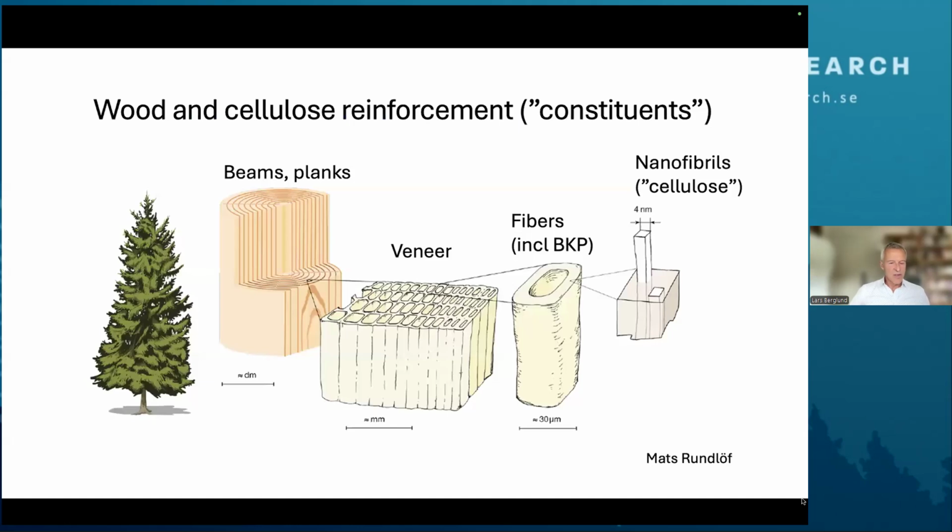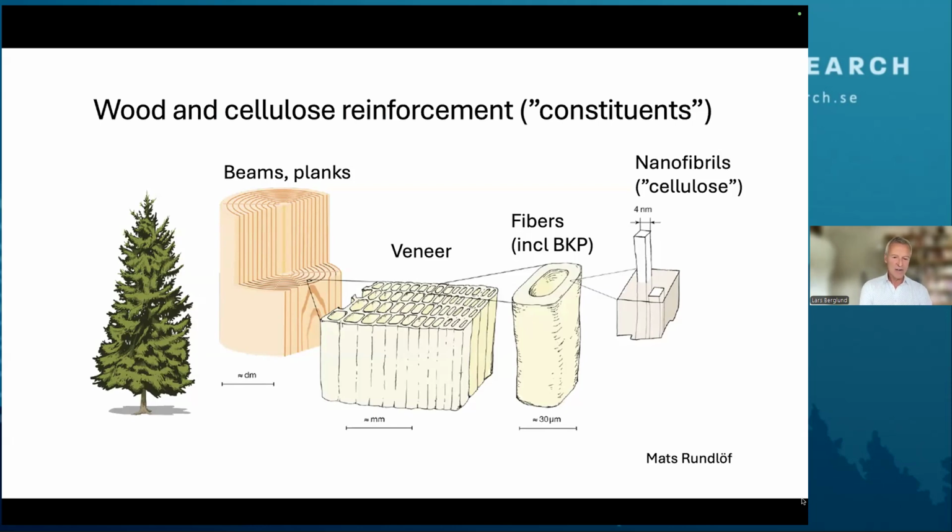This slide is about the reinforcement that we could use for wood and cellulose composites. If we start on the left-hand side, we have glulam type of materials where we bond planks together into beams.